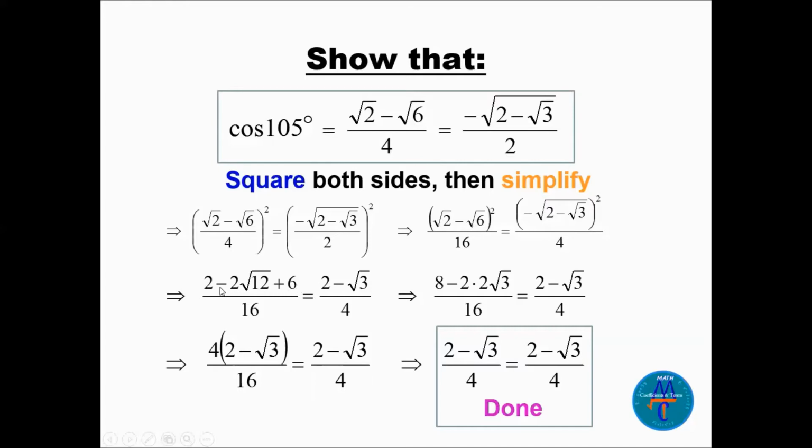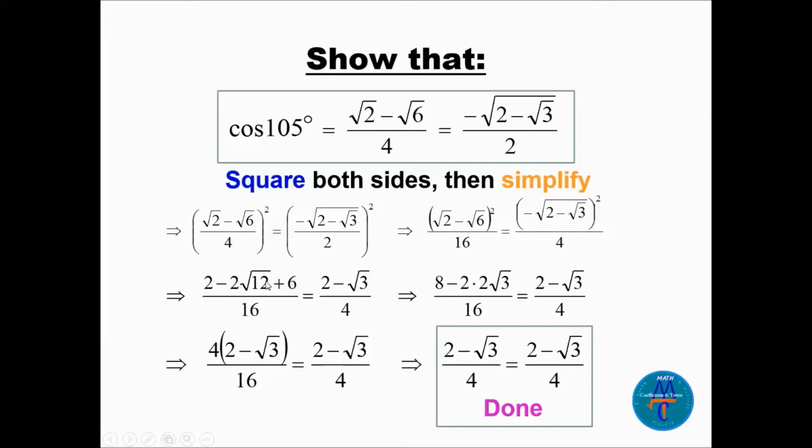Perfect square trinomial. So the square of the square root of 2 will be 2, minus 2 square root of, multiply this and this, square root of 12, plus 6. On this side, you remove the big radical, it's power half. So we are left with only 2 minus square root of 3 over 4.